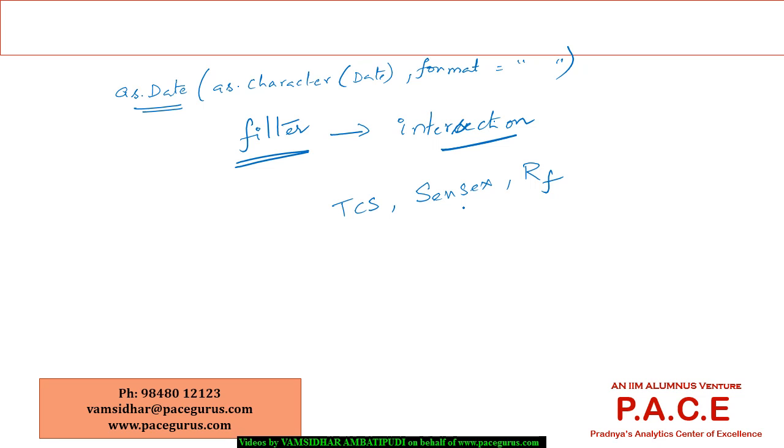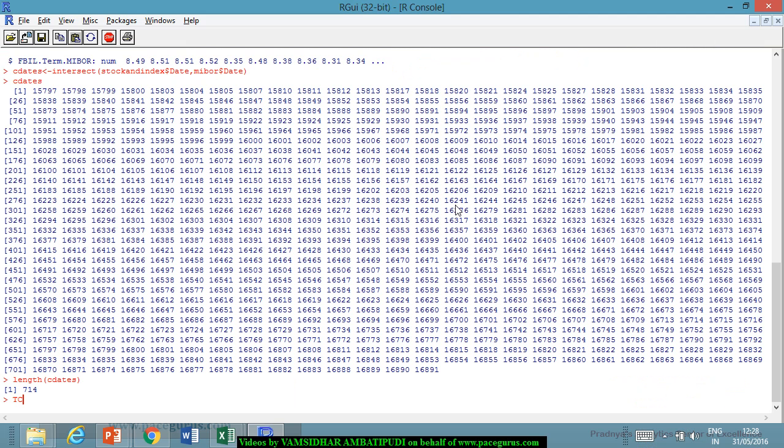So now let's get the data, which are in the form of vectors, for each one of them. I'll take TCS. Out of the overall stock and index, I'll pull only the TCS-specific data. So I'm taking a subset, right?